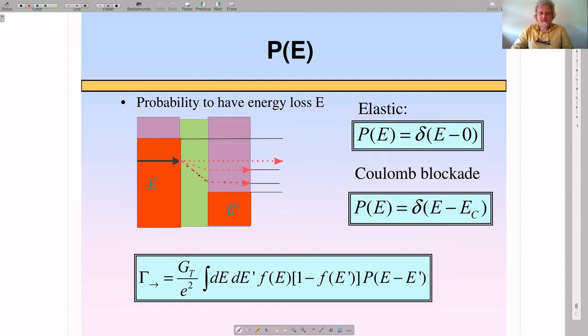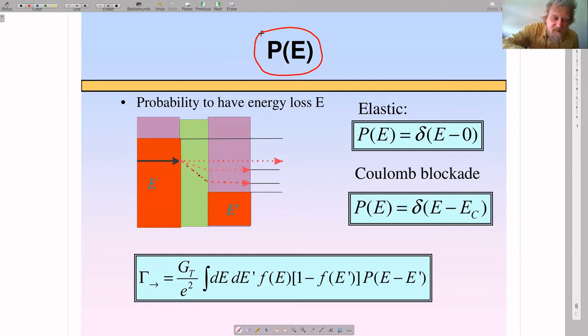In between, the electron tunneling will be characterized by this function, P of E. P stands for probability, E stands for energy.